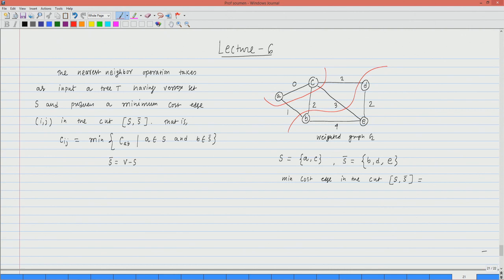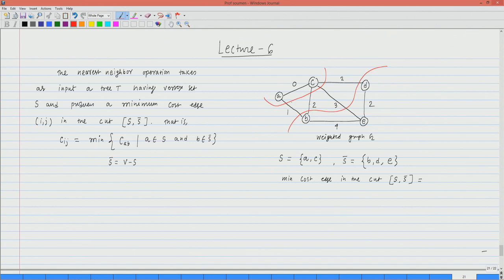Now, the cut S, S complement consists of these edges, the edge AB, BC, CE and CD. So, you see the weight of each of these edges and take the minimum.